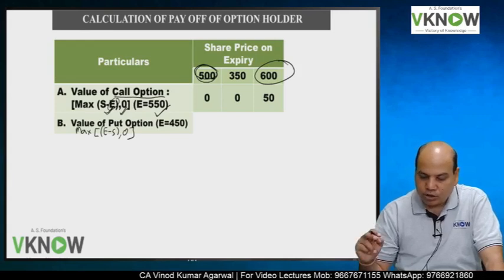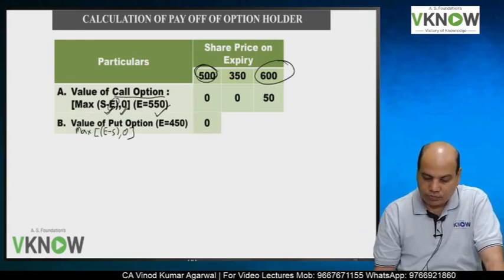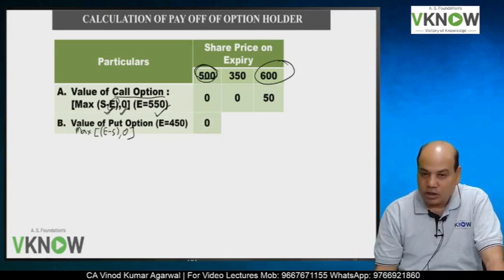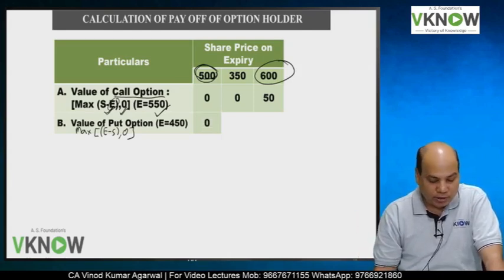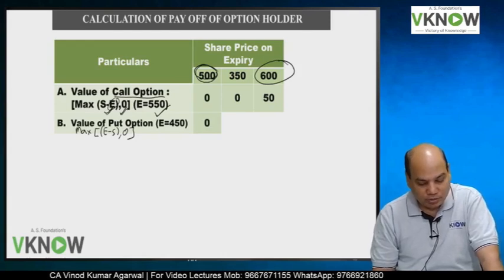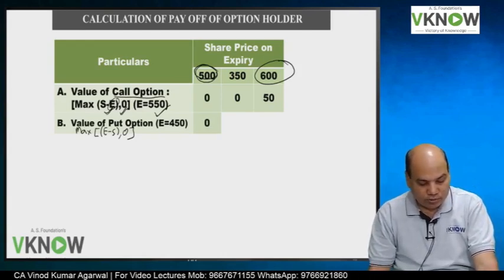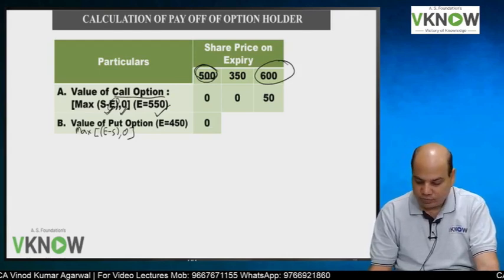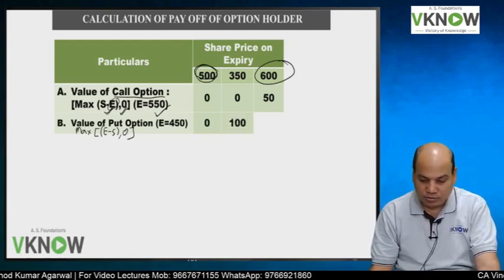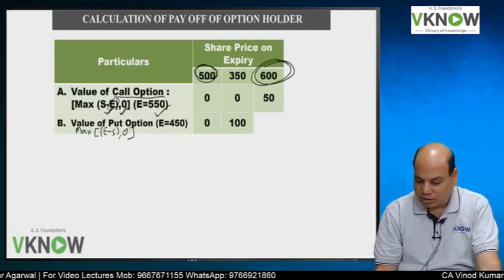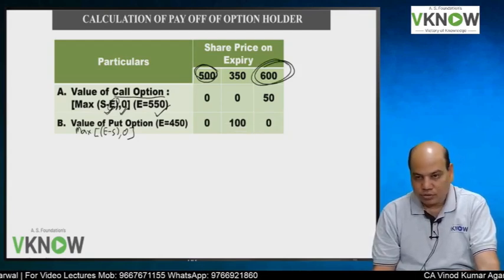If the market is more than 450, just write 0. If the market is less than 450, take the difference. Second column, everybody. 100 rupees, very good. Last column, market price is more than exercise price, 0.